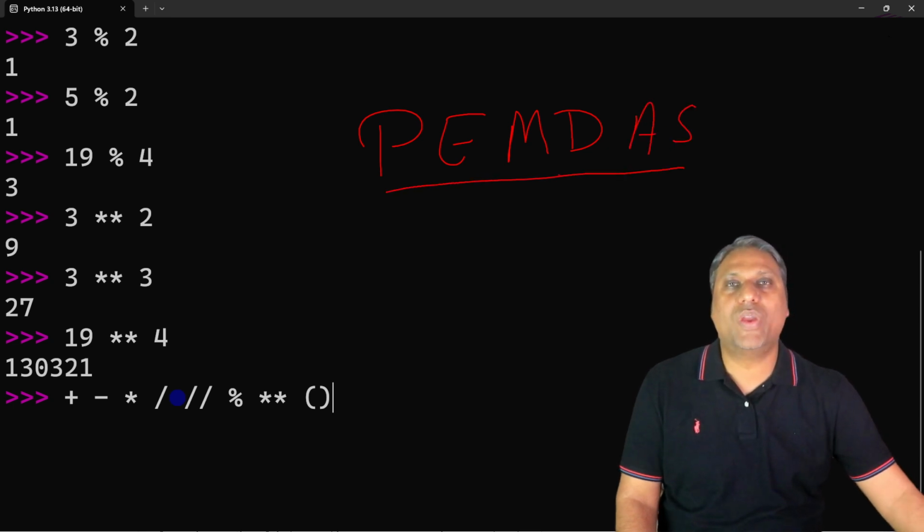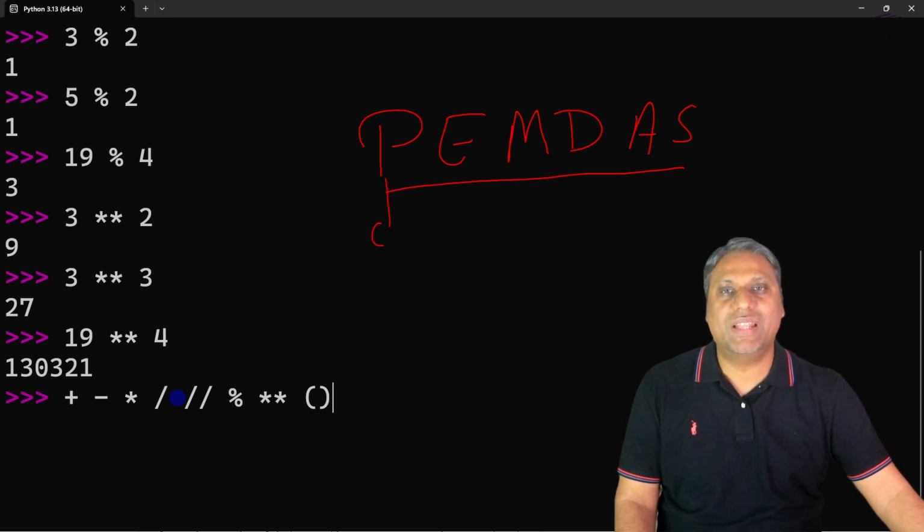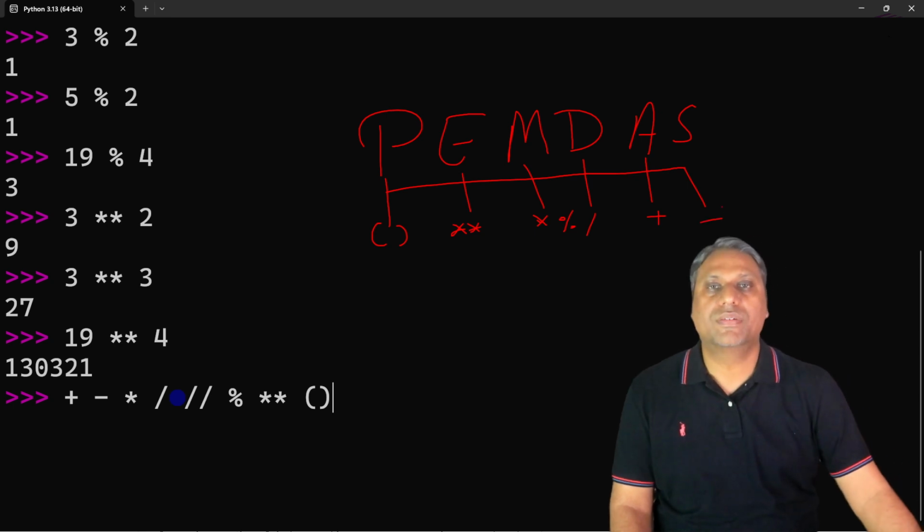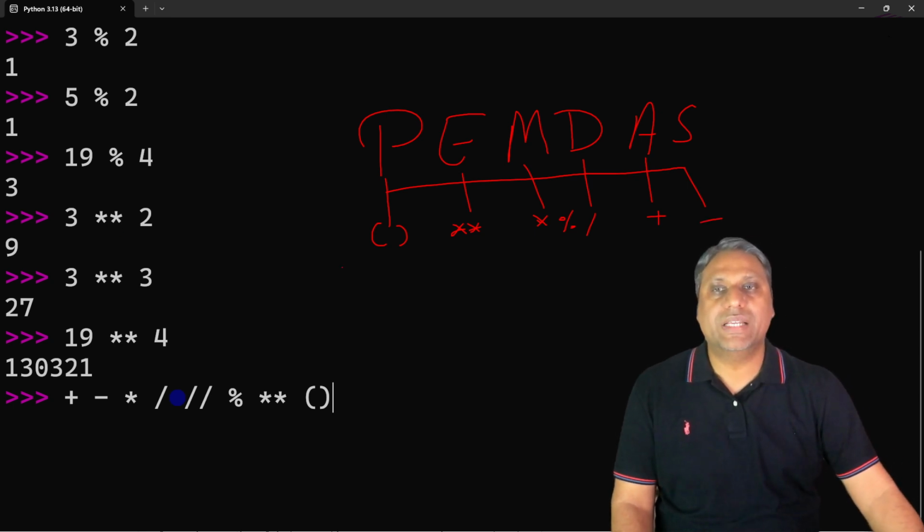PEMDAS. You can remember it like this. So first parenthesis will be solved in any mathematical expression, then exponents, then multiplication, then division, which also means modulus, okay, and then comes addition and subtraction. So this is the precedence.